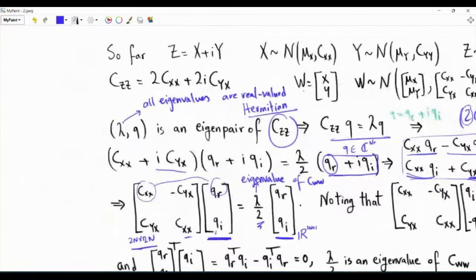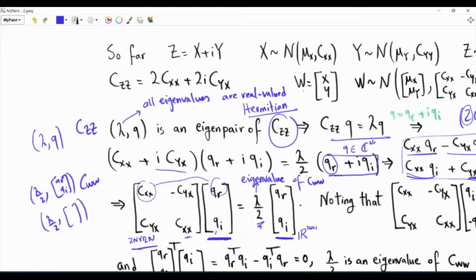In other words, if lambda, Q is an eigenpair for CZZ, then CWW will have an eigenpair lambda over 2 and QR, QI, and lambda over 2 again as a repeated eigenvalue, with another vector that is linearly independent of that vector. Indeed, this is the case.